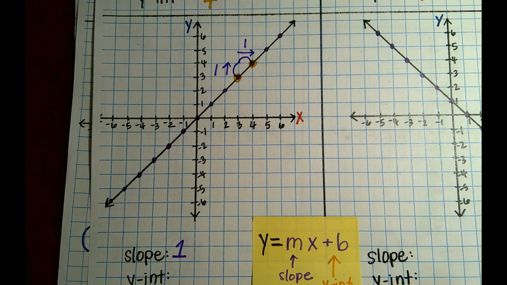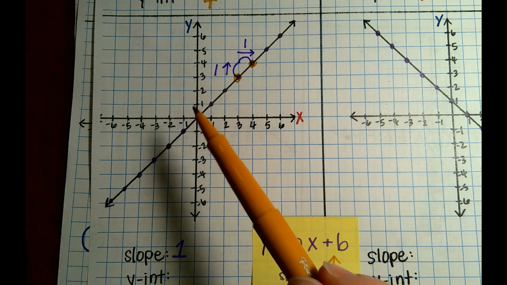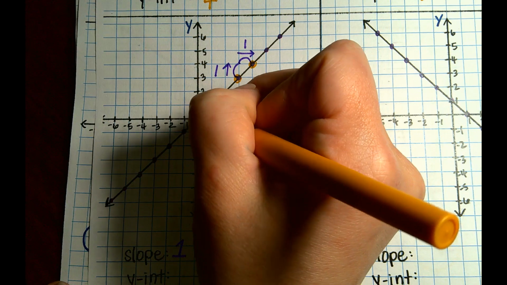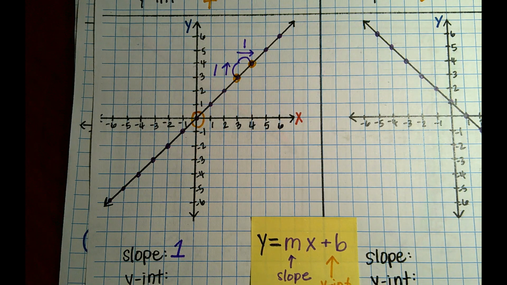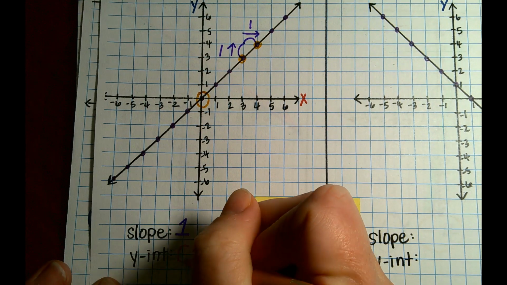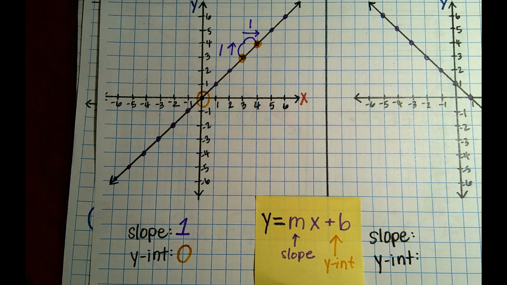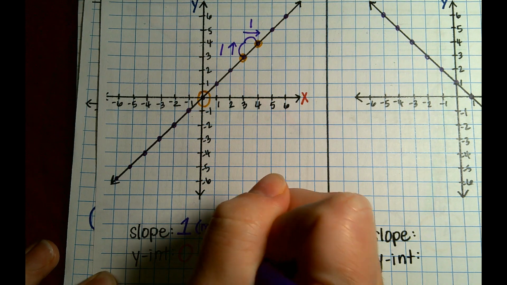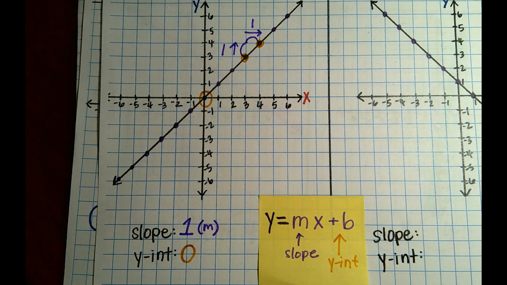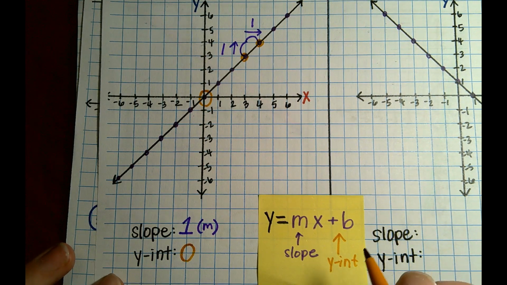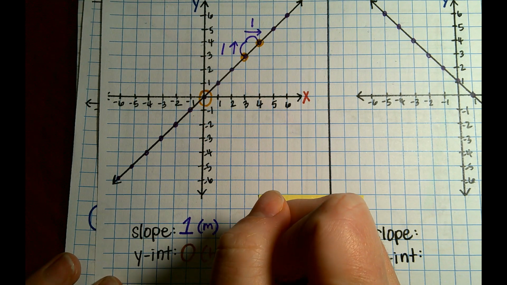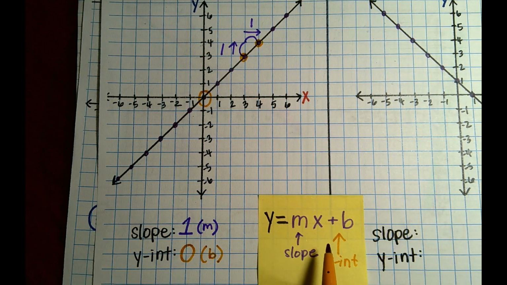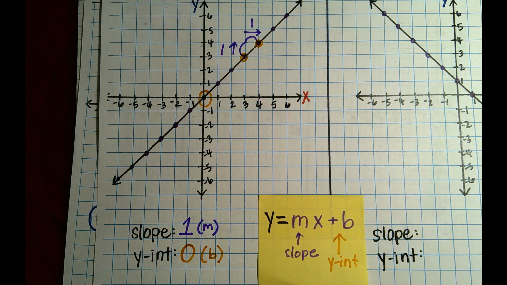Now, where is my line touching the y-axis? 0. So what's my y-intercept? 0. Beautiful. Okay, so if my slope is m and my y-intercept is b in my equation, what is the equation of this line?